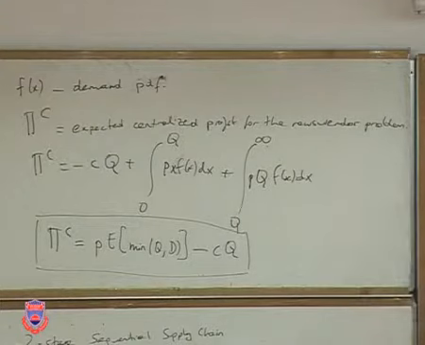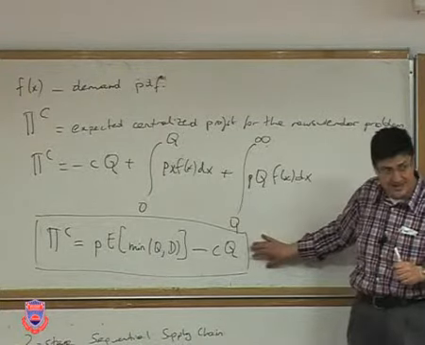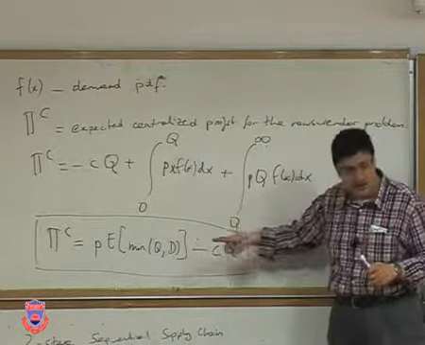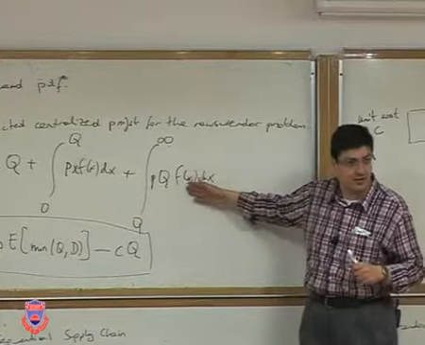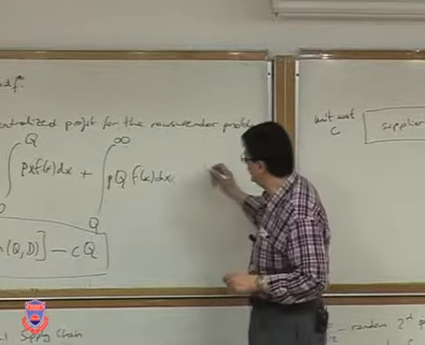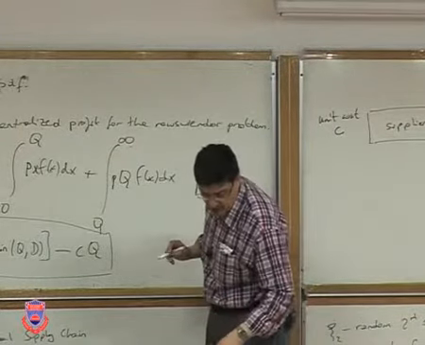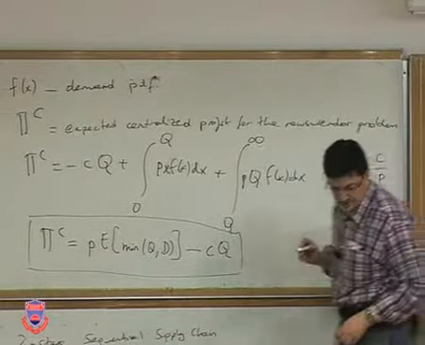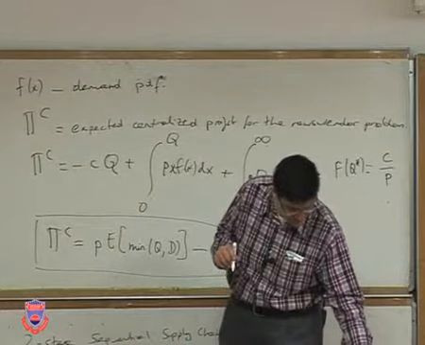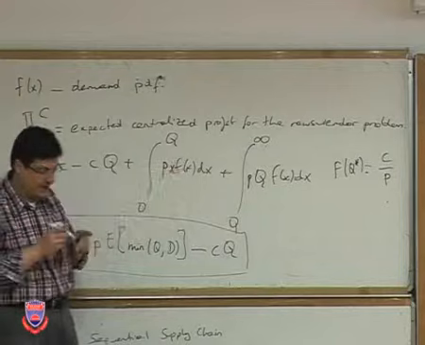Now, I'm going to operate with that centralized profit. If I had a centralized system, I would select Q optimally. And how am I going to do that? Well, I'll take the first derivative, obtain the Q value, and here F of Q star is simply going to be equal to C divided by P, if I'm not mistaken. Yes. So this is going to be the optimal solution. Why?